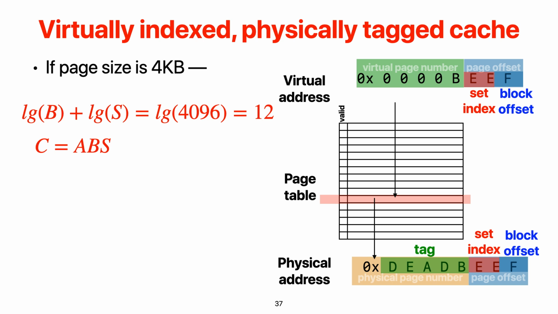So if you use C equals ABS plus some logarithm arithmetic, you will figure out that C will equal A times 2 to the 12. And if you have a direct-mapped cache, it means that your A is only 1. Your cache size can only be 4 kilobytes.